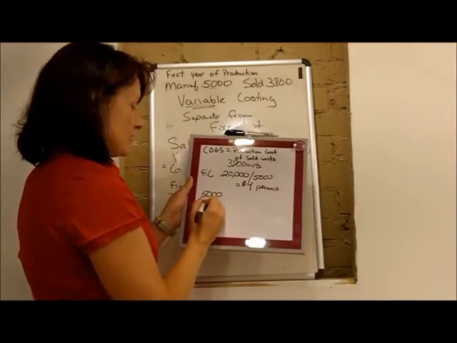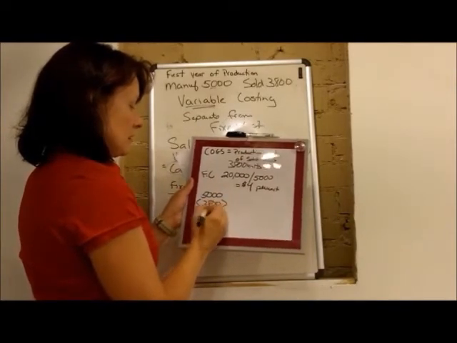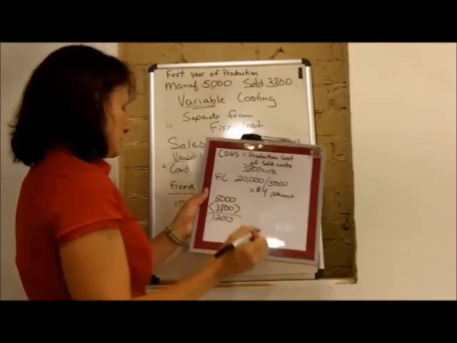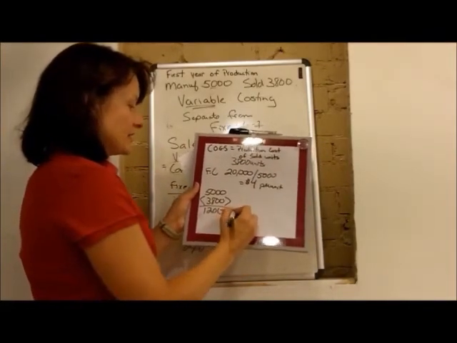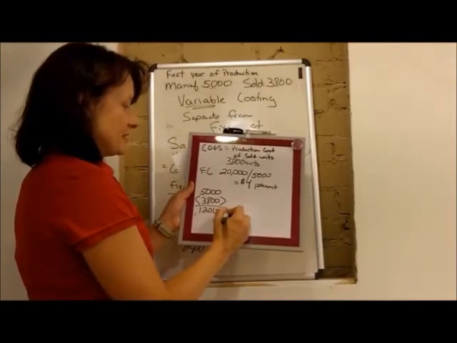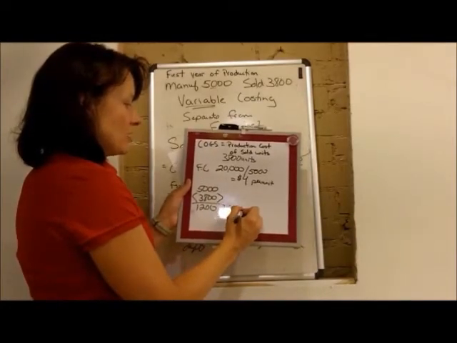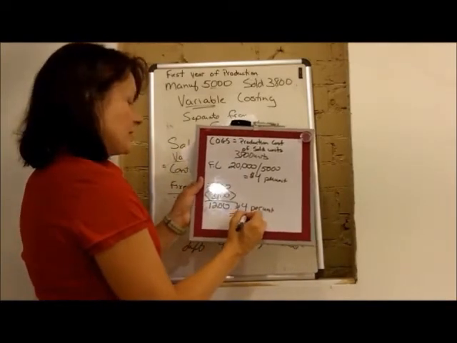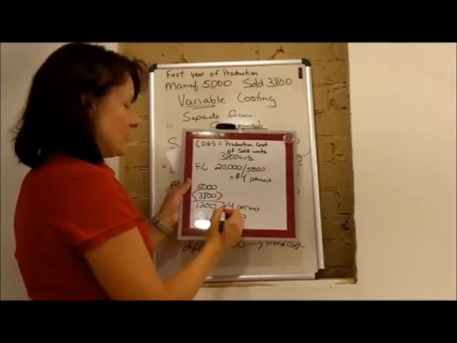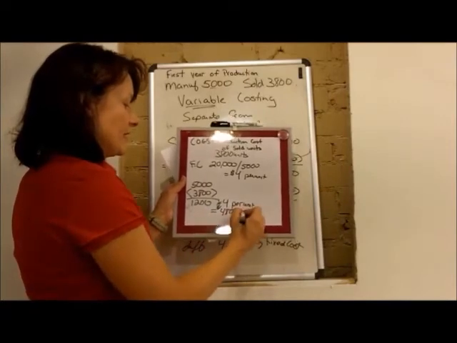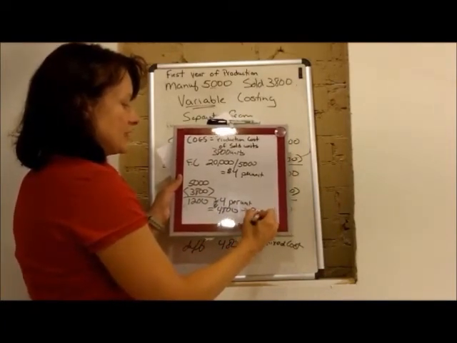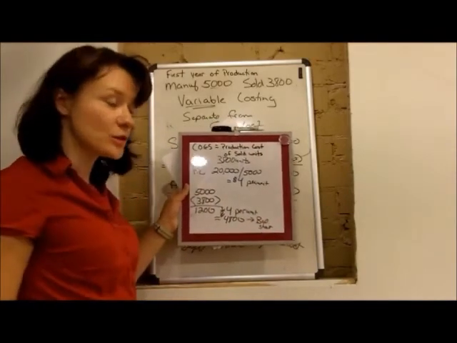Produced 5,000, sold 3,800, 1,200 units is the difference, times $4 per unit, gets us to that $4,800 difference. It's going to be on the balance sheet as inventory.